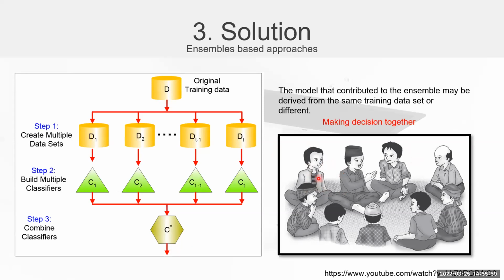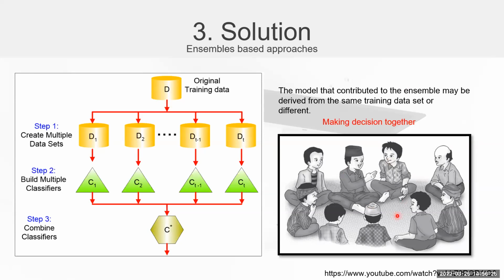This is the illustration. If we want to solve some problem, we can make decisions together. In Indonesian it is musyawarah. In English I don't know, maybe Mbak Indah knows. Something like that.